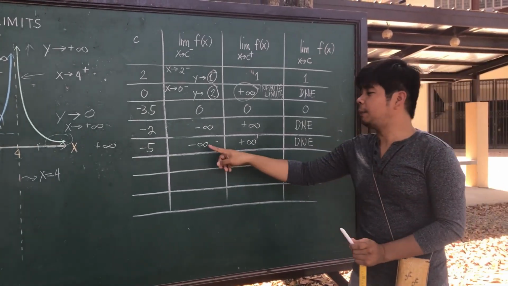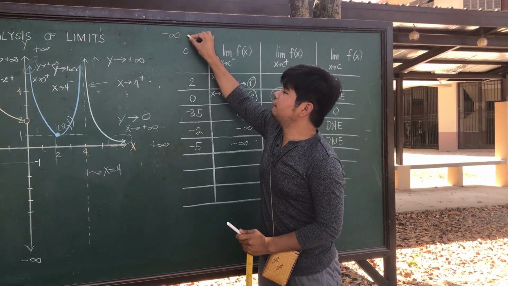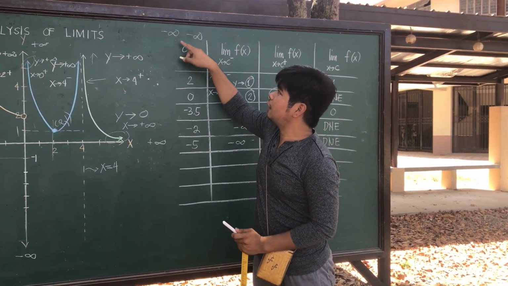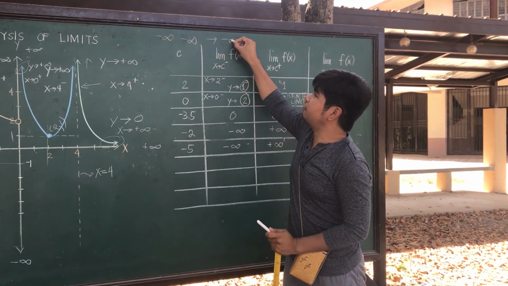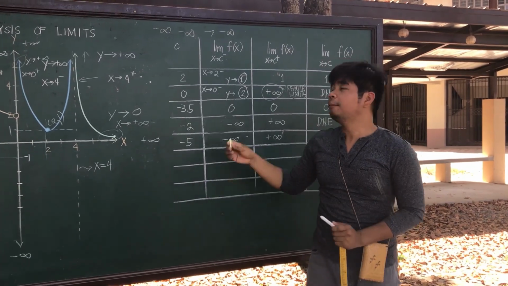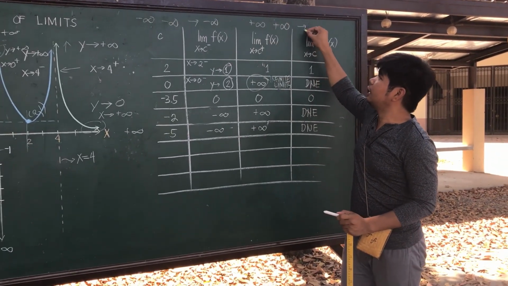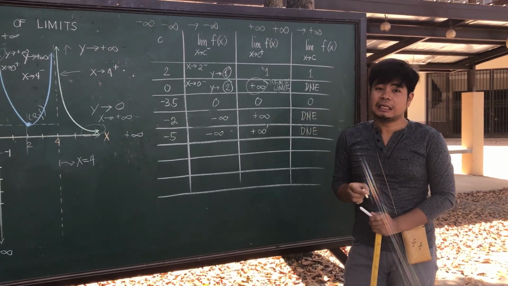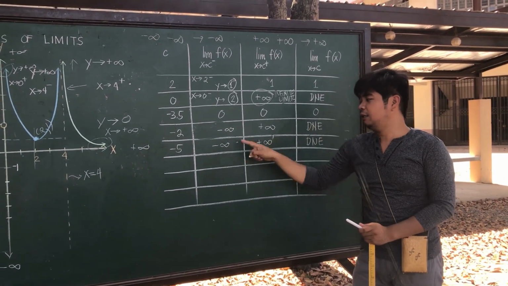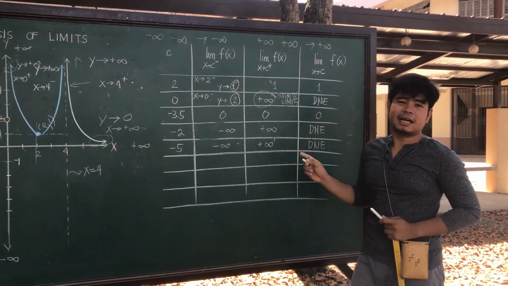So anong ibig sabihin kapag pareho silang negative infinity? Kapag pareho silang negative infinity, okay, ang ending negative infinity din kasi pareho sila na pinupuntahan left and right. Pero kapag positive infinity, then that is also positive infinity. Okay? Pero kung magkaiba silang dalawa, so ibig sabihin magkaiba ang pinupuntahan ng left and right, then the limit does not exist.